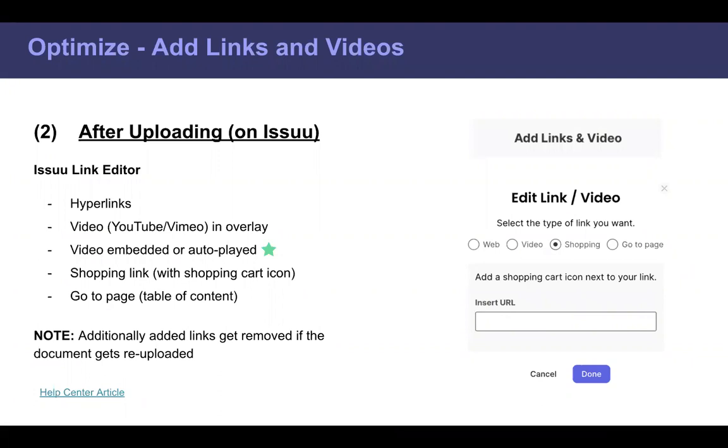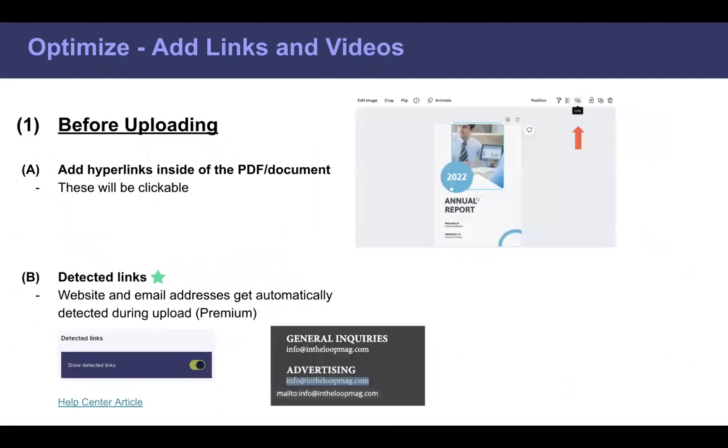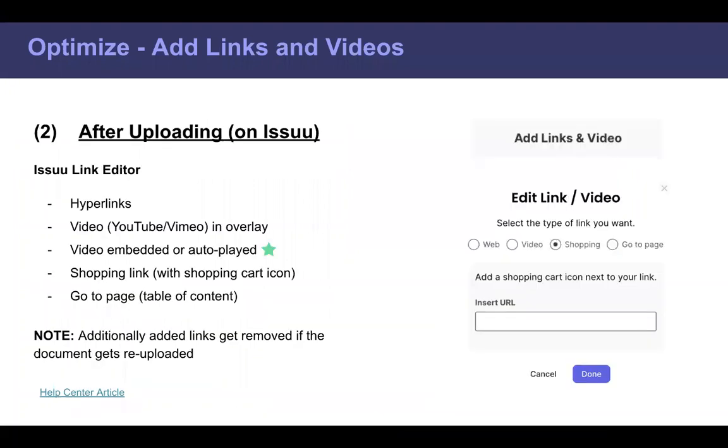What you can do as a workaround kind of is you can add the links, like in this example 1A, directly inside of the PDF, and these will never be removed. If the links are in the PDF, these will just stay there. So that might be a workaround for you.